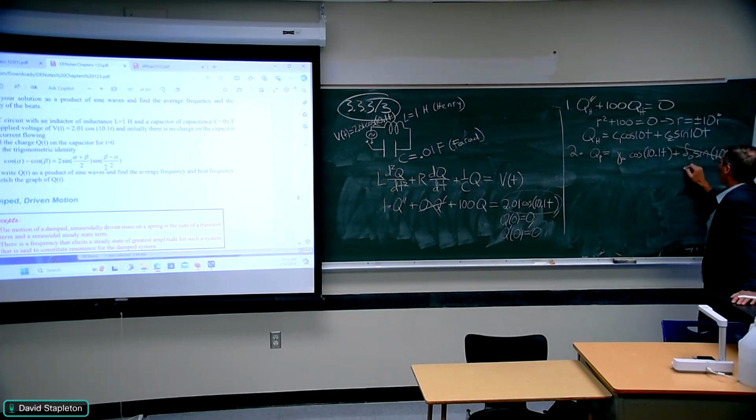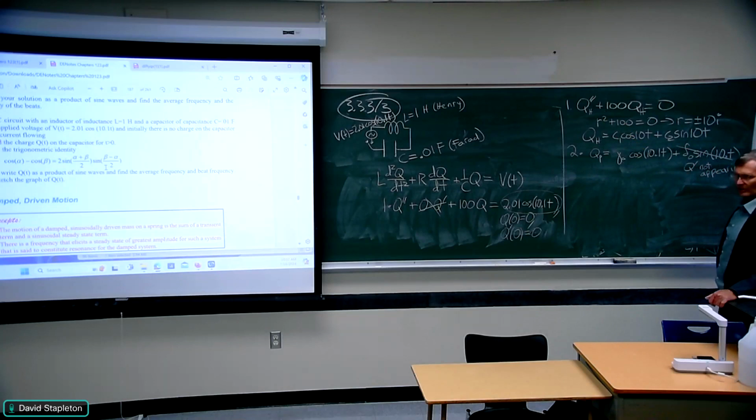So we can omit this one because Q prime is not appearing and the right-hand side only has a cosine. So we'll only need a cosine here. That'll save us a little time. All right. This just comes from experience. If you're not sure, just put both of them in. You'll find the coefficient delta 0 has to be 0.